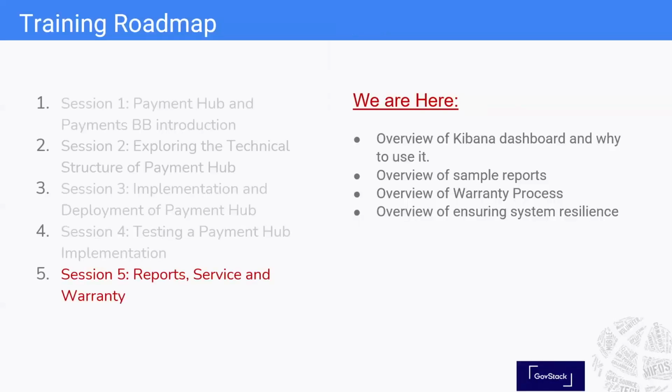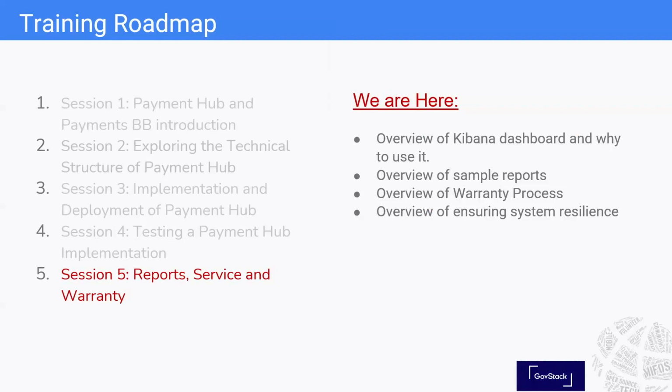All right. This is the training roadmap. As we can see, we have been through the first 4 sessions. This is the final session of the training roadmap that we've been following. Today we'll have an overview of the Kibana dashboard, and we'll also talk about why Kibana is being used.